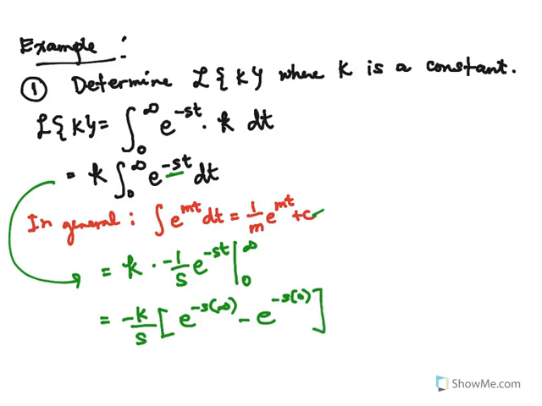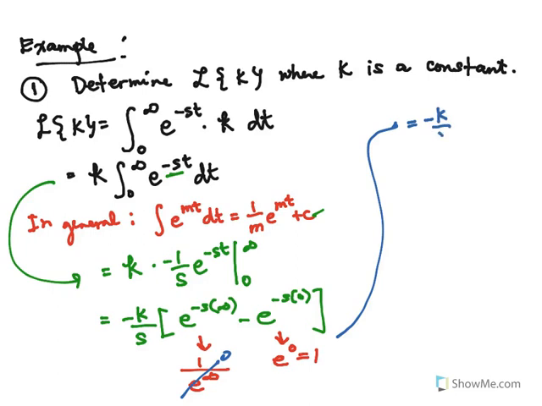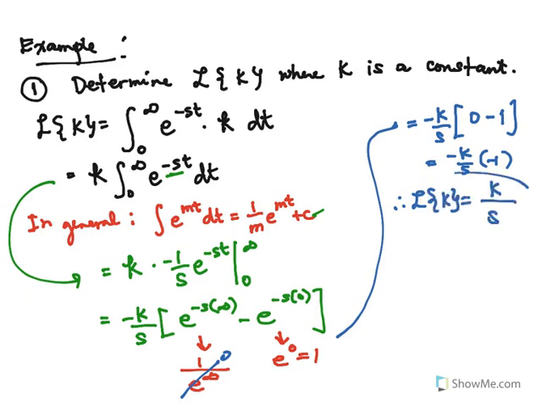But take note that e to the negative s times infinity is equivalent to 1 over e raised to infinity, a very large value, which is actually 0. And e raised to 0 is equal to 1. So this becomes negative k over s times 0 minus 1, which is negative k over s times negative 1. Therefore, the Laplace transform of k, where k is a constant, is simply k over s.